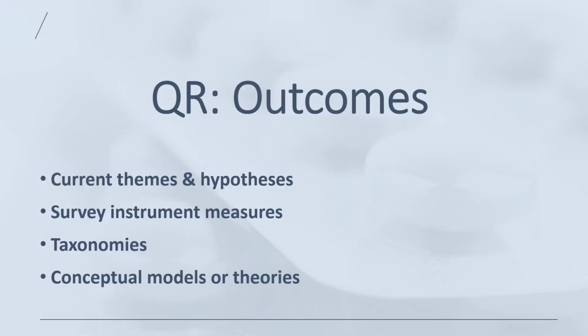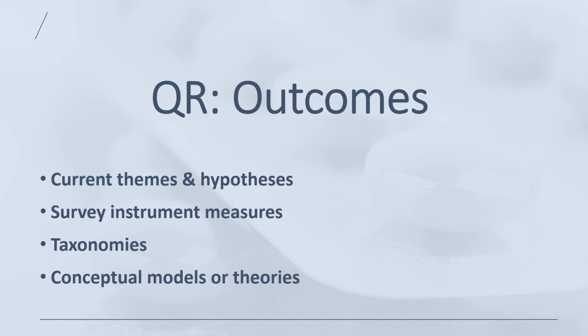So let's talk about what the outcomes of qualitative research are and what we can make of this. There are at least four ways to think about what we can generate through qualitative methods. The first product is recurrent themes or hypotheses. The second product may be a survey instrument or measure, so using a qualitative exploratory phase in order to design a survey to measure something that hasn't been measured previously.